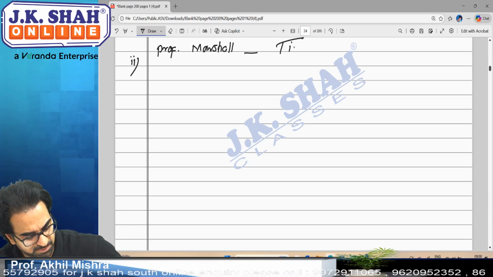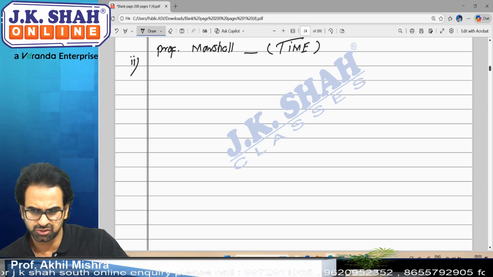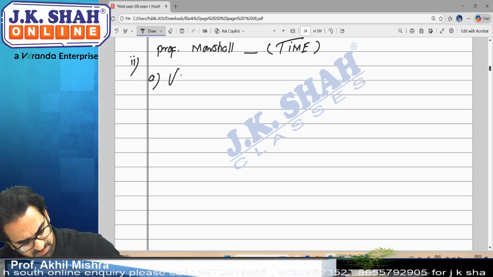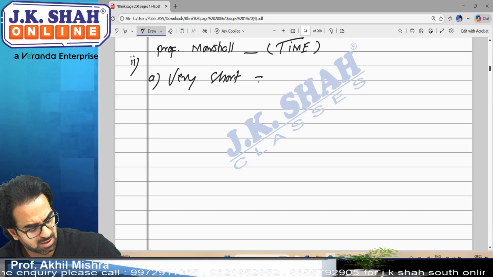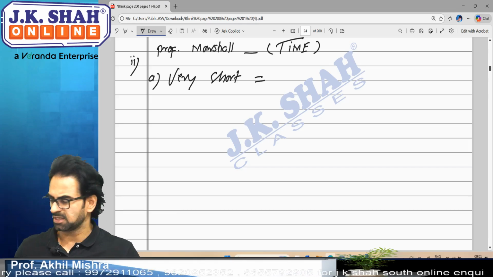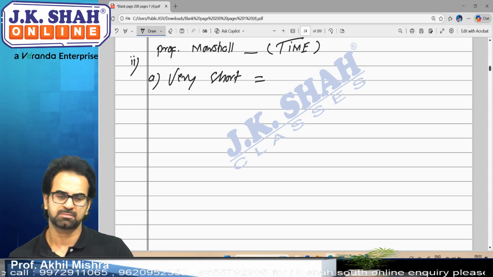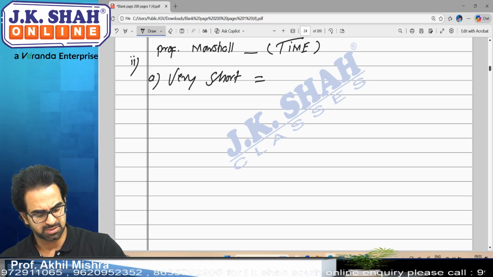On time: very short, short, long, and very long. So to say very short, now we have done the elasticity. In very short time, can supply be increased or supply cannot be increased? Supply cannot be increased. Very short.